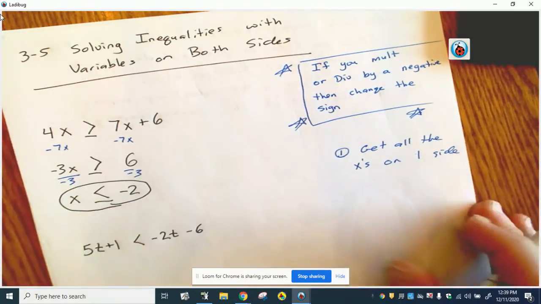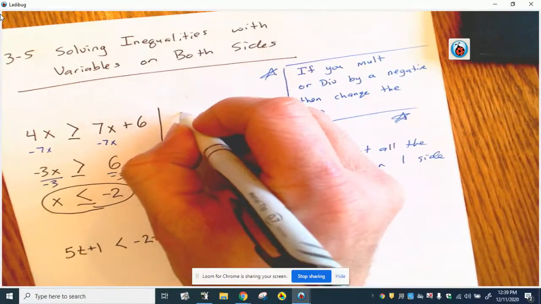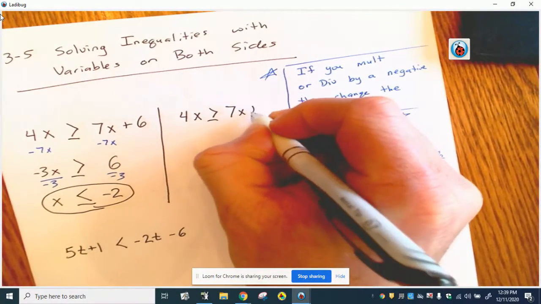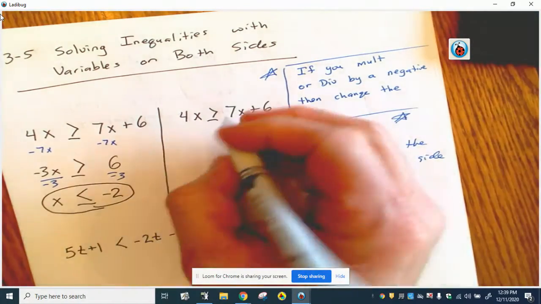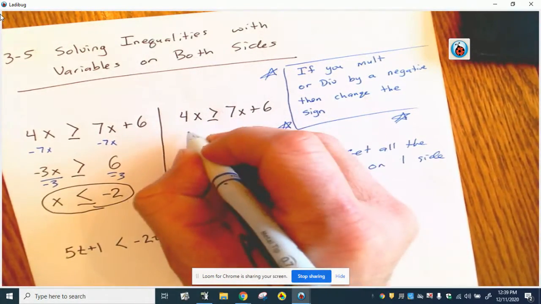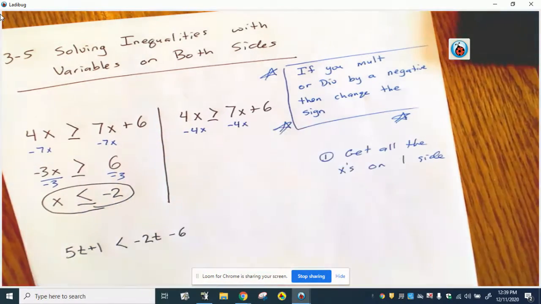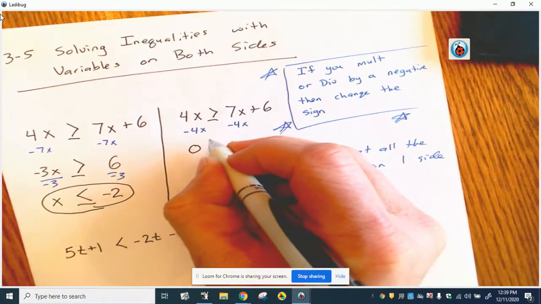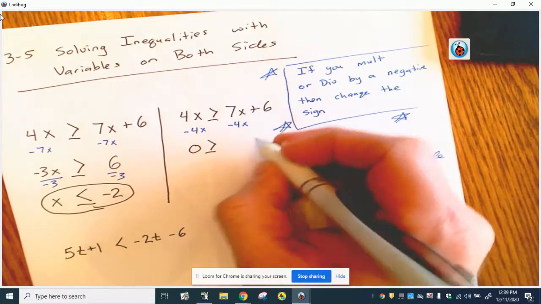Okay, now if we would have done that same problem when we had 4x is greater than or equal to 7x plus 6, if we would have done the trick we did last time where we tried to stay positive, we can do that. If you minus the 4x, over here we'd end up with 0. We would not flip the sign over because we're just minusing 4x.